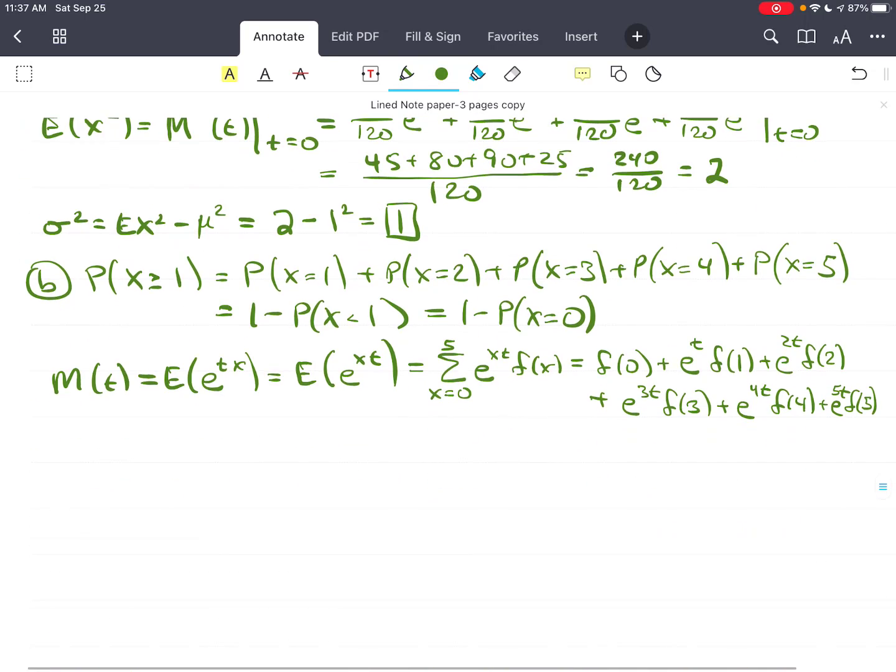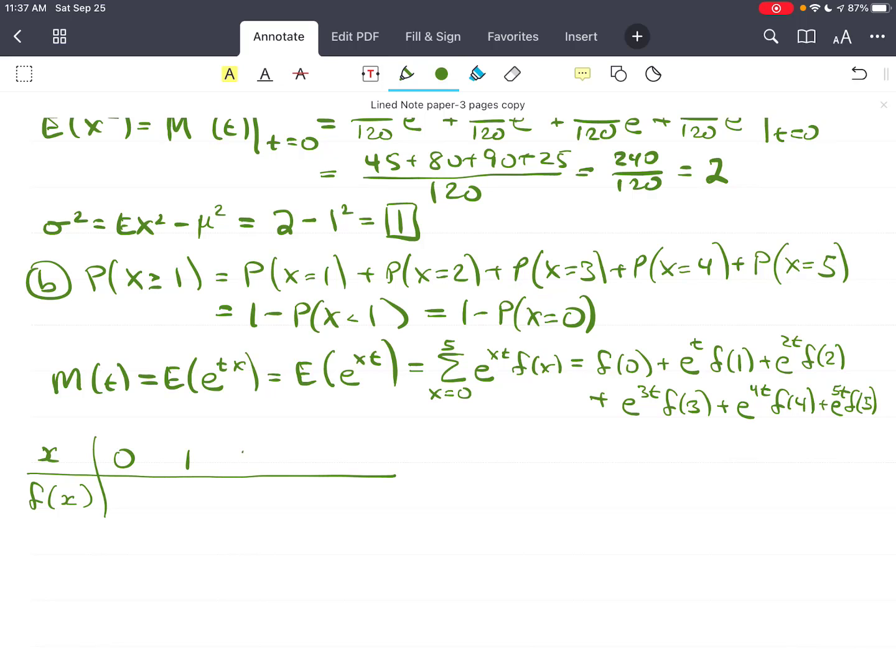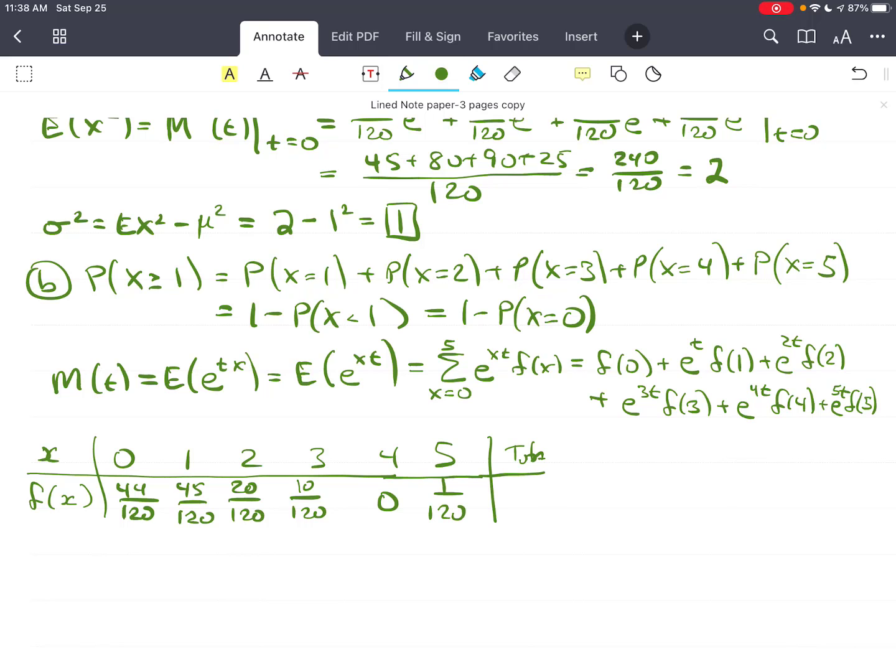And so it turns out that the PMF, x, f of x, for x equals 0, 1, 2, 3, 4, 5, is simply 44 over 120, 45 over 120, 20 over 120, 10 over 120, 0, and 1 over 120. And if I total this up, I get 120 over 120, which is equal to 1, which is correct.